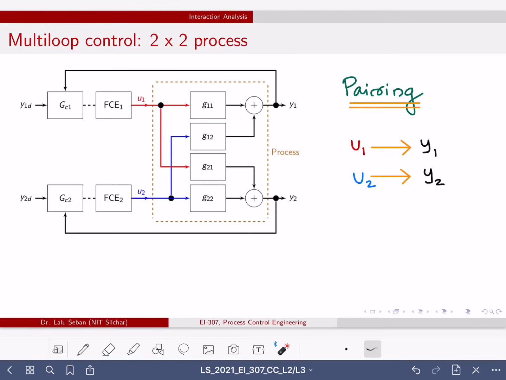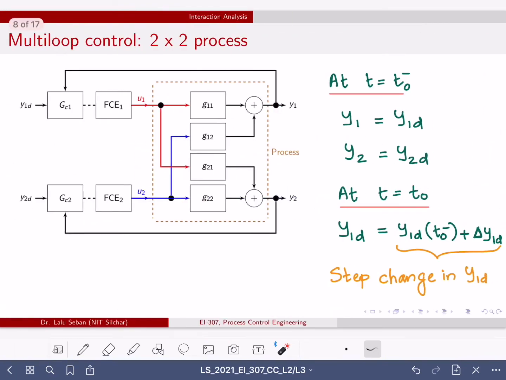So in the case of diagonal pairing, let us think about a situation. At time t equal to t0 minus, everything is in perfect condition. That means y1 is equal to y1 desired and y2 is equal to y2 desired.